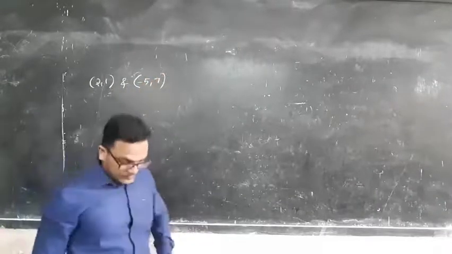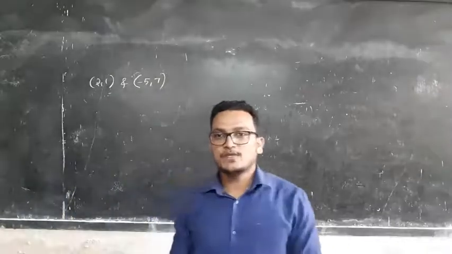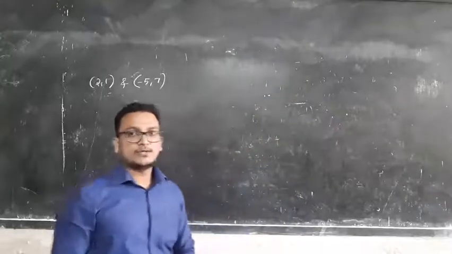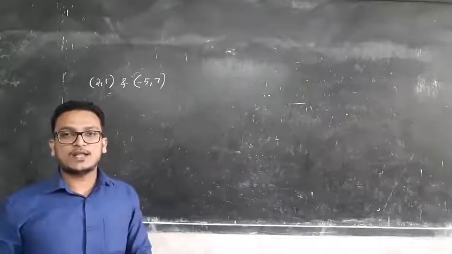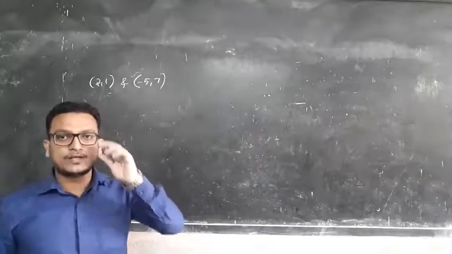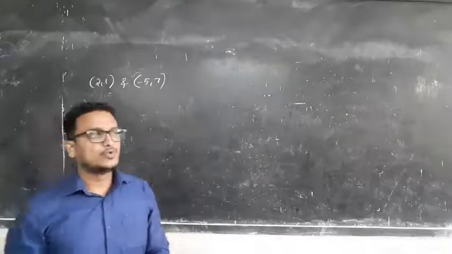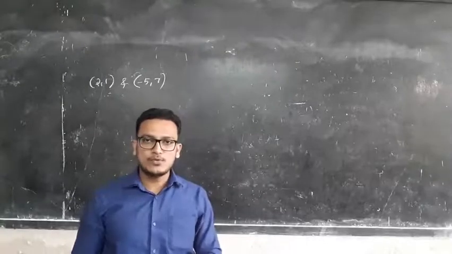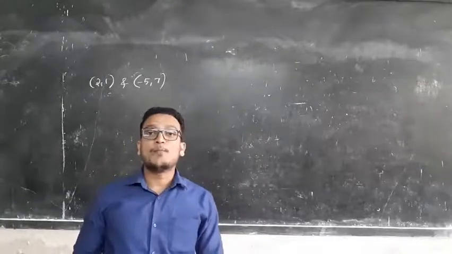In this question they have given the initial point and terminal point, but we have to find the scalar component and vector components. To find the scalar and vector components, you must have the component form first.